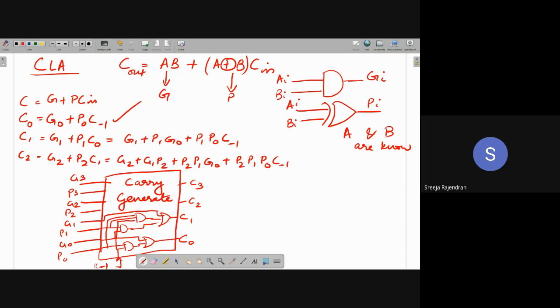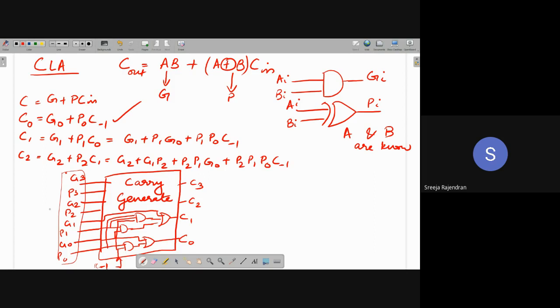Now, to the full adder circuit, I'm adding this logic additionally, right? To generate G3 to P0, I have an AND gate and XOR gate there, so one stage of delay for that.